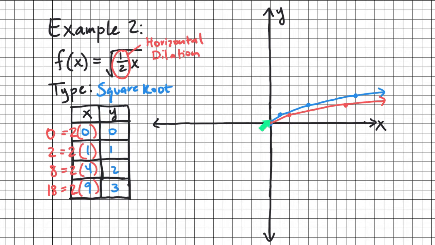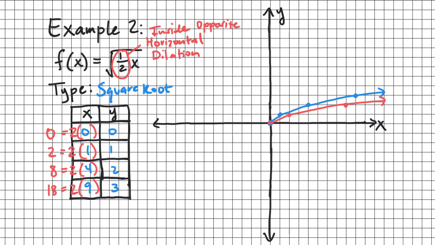So again, the reason that we multiplied by 2 is, remember, anything that happens inside. So let me write it up here. Since this happened inside, we do the opposite. Even for horizontal translations, right?